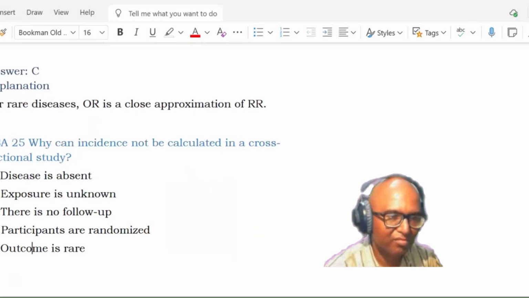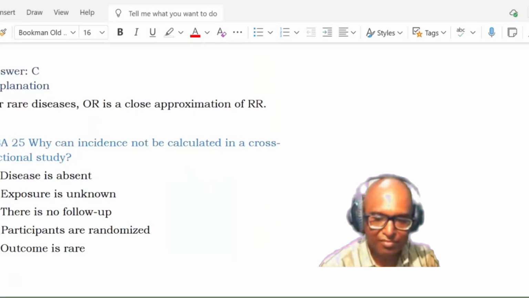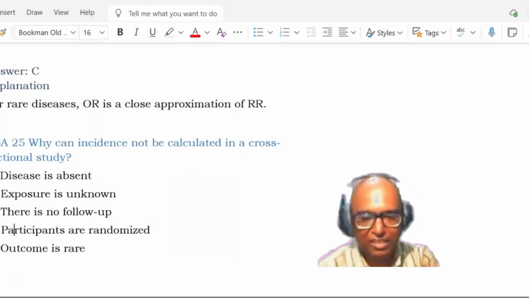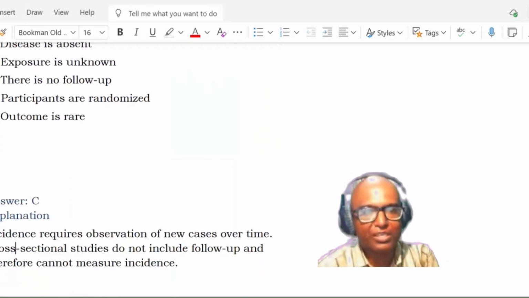In cross-sectional you do not do the follow-up, and incidence requires a time unit. So you will not get the incidence in a cross-section. The option is C. Incidence requires observation of new cases over time, so cross-sectional studies do not include follow-up and therefore cannot measure the incidence.